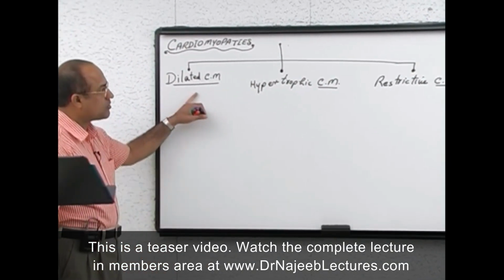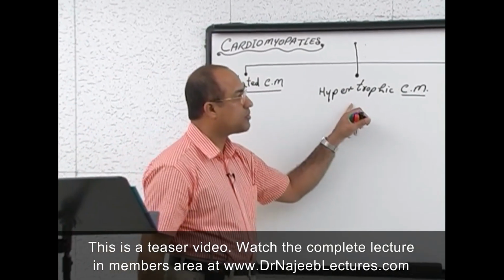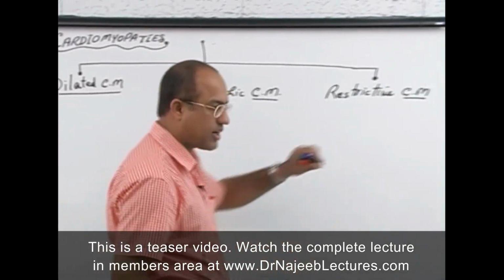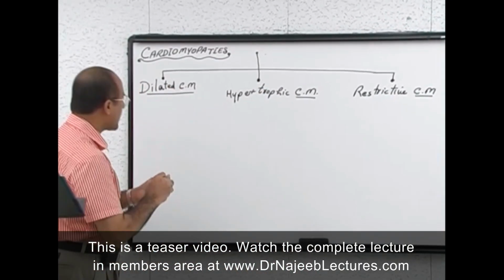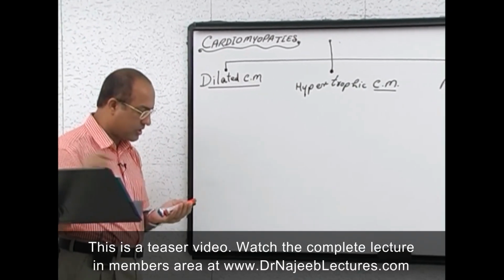There is dilated cardiomyopathy, there is hypertrophic cardiomyopathy, and there is restrictive cardiomyopathy. In a simple diagram, let's see how they are different from each other.